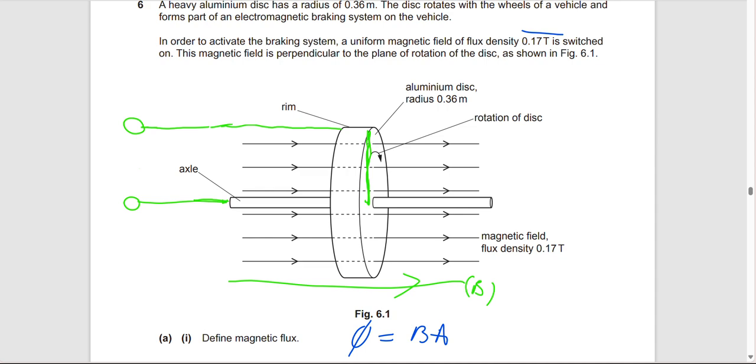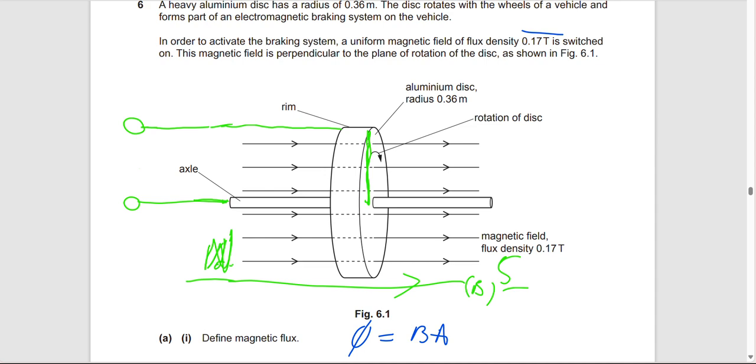By the principle of electromagnetic induction, a current is induced in that conductor, but that current opposes the change that is causing it. As you can see, the field is from left to right, so it's like there's a north pole here and a south pole here, because of the direction of the field lines.